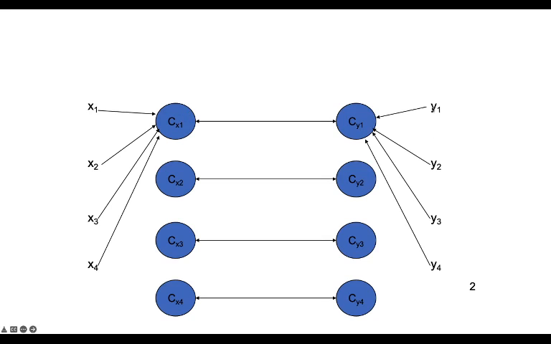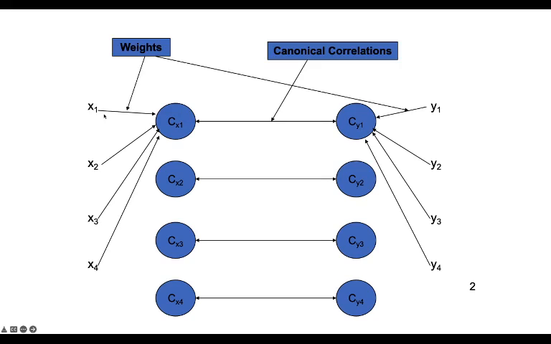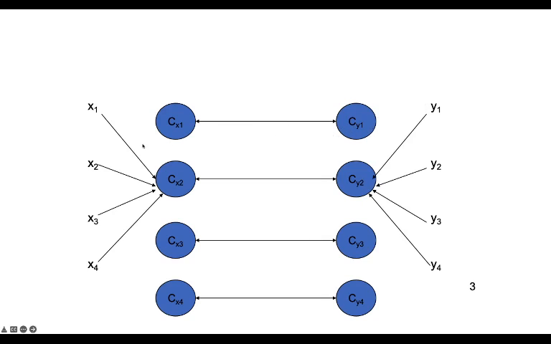And same with the y. Those are the weights, and then we're looking at the relationship between the canonical variates, these correlations. And this just continues on for all of the canonical variates.